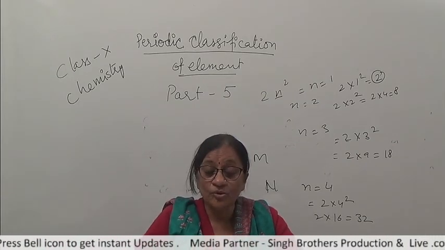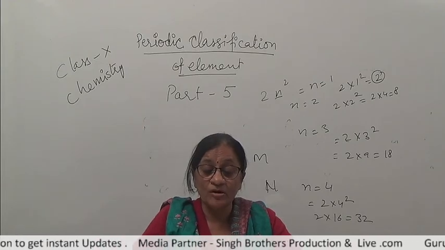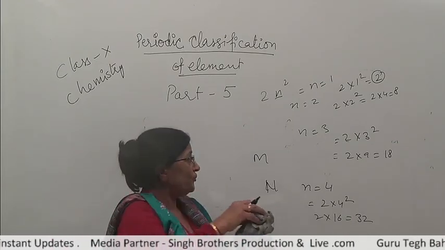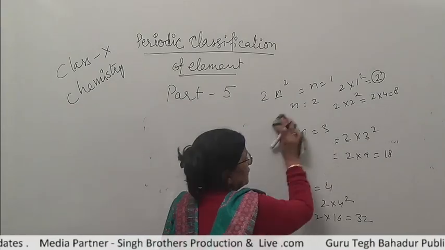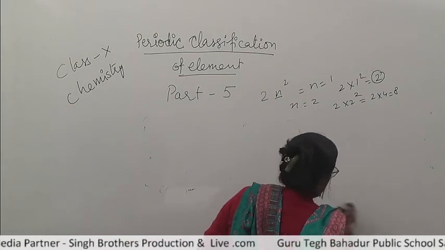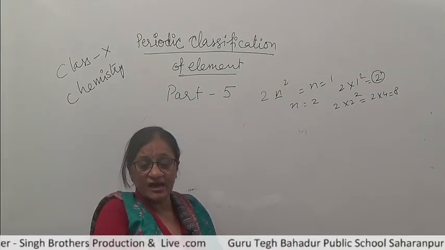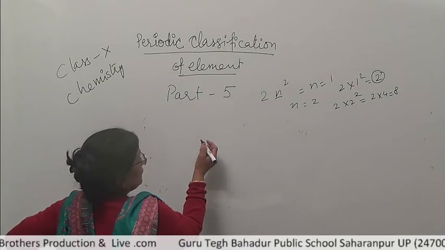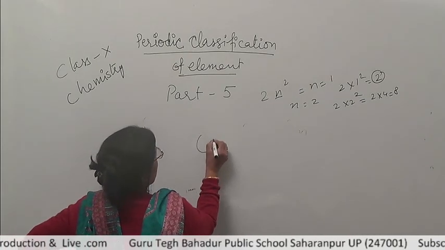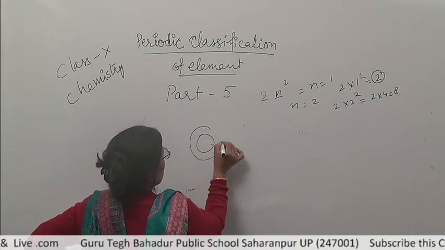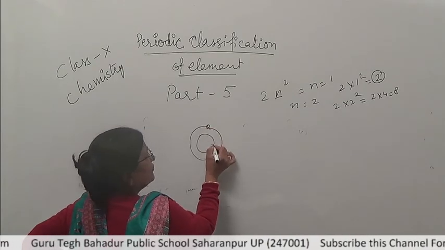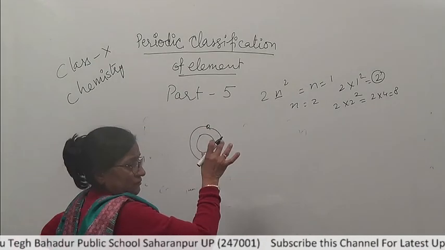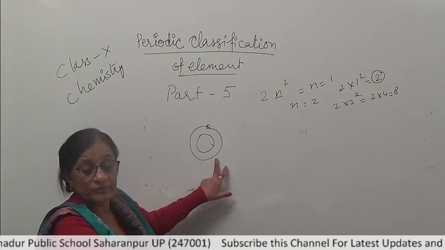This happens as we go down the group, because when we go down the group, the number of orbits increases. In the case of hydrogen, it has only one orbit and one electron in the outermost orbit.